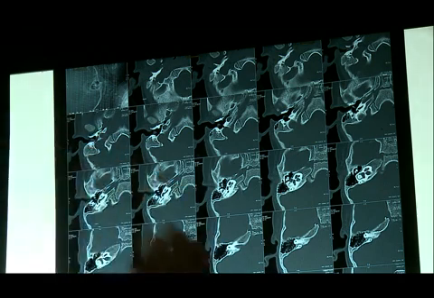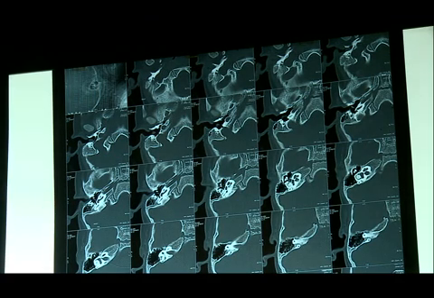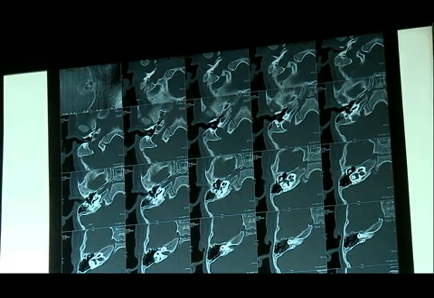So if the development is arrested at the 3rd week, there will be no labyrinth, no cochlea, and it will be a Michel deformity, and there is no question of cochlear implant surgery in that situation. At the 4th week, when the cochlea and vestibule differentiate, if the growth is arrested, because there is no differentiation of the structures, you can have a common cavity deformity.